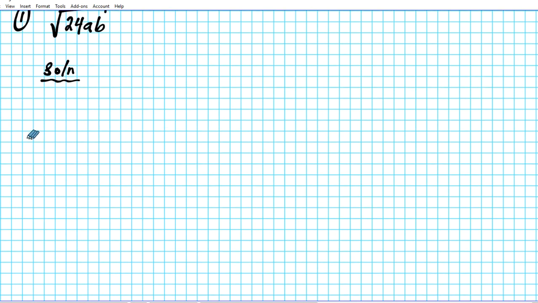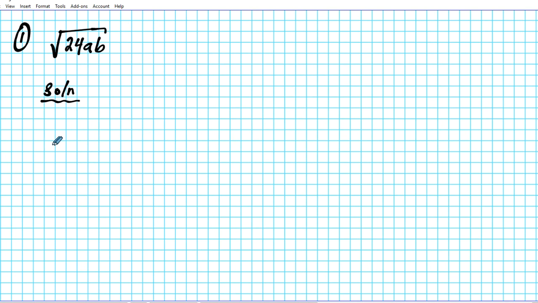So if you have the square root of 24ab and you want to simplify that, the first thing we want to determine is what the index is. For the square root, just as the word square indicates, we know square is the second power, so the square root is the second root, so there's a 2 here.